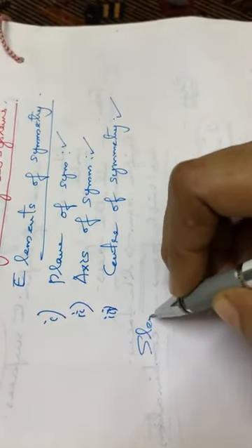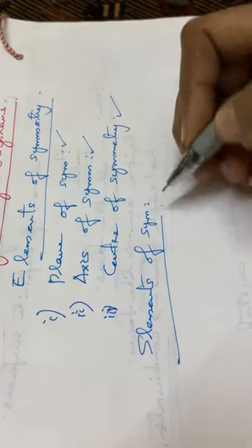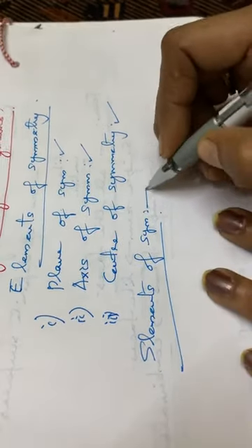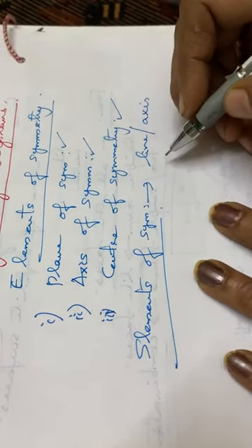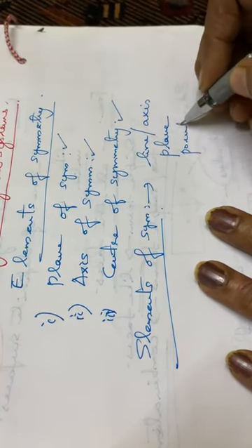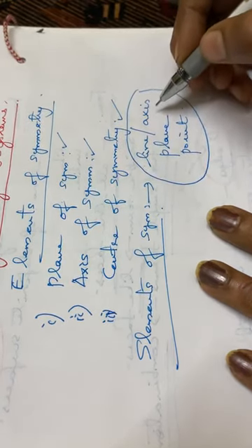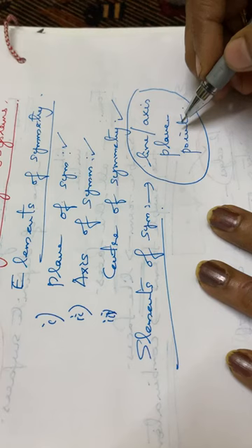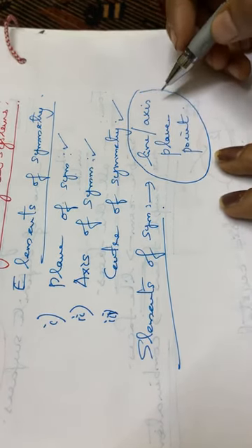So the elements of symmetry can be defined as follows. An element of symmetry can be a line or an axis, or a plane, or a point, with respect to which one or more symmetry operations can be carried out.